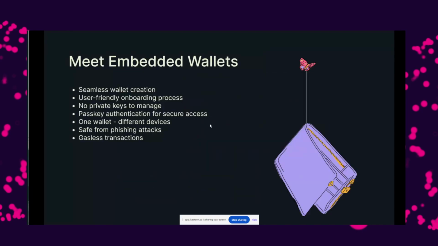But essentially, what we wanted to provide with embedded wallets is a completely seamless wallet creation, right? So let's say you are building a Dapp which is targeting users who have no wallets or no previous Web3 experience. You have two options. You can either stop them, and once they click connect, nothing will really happen.